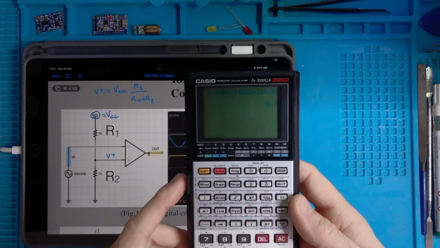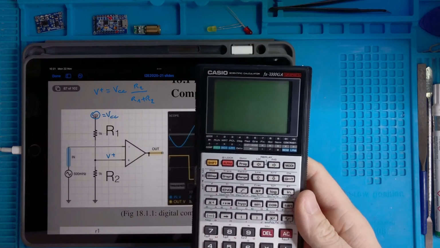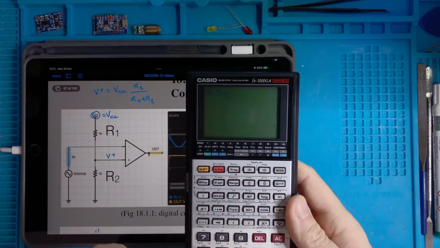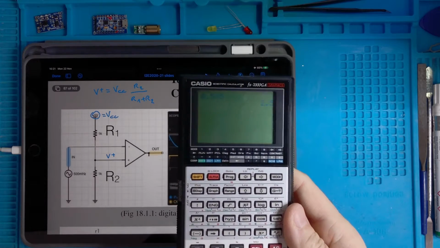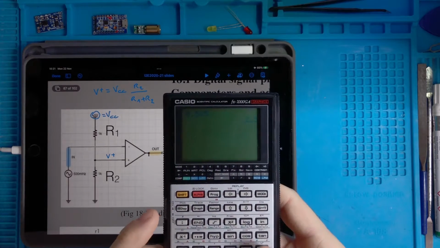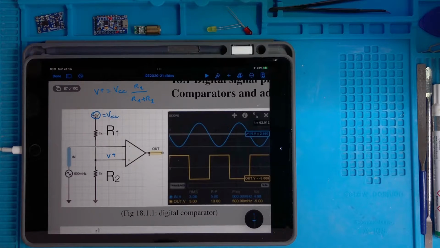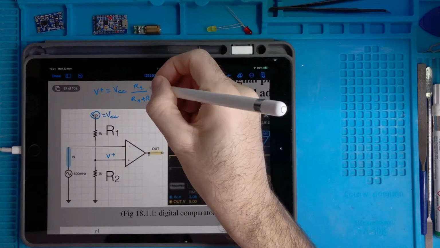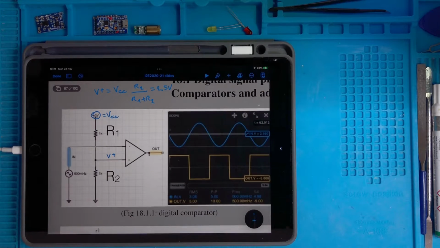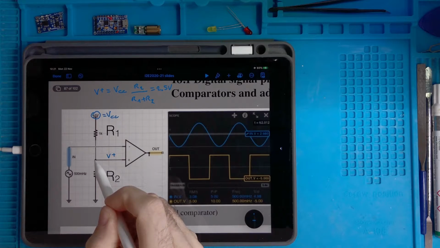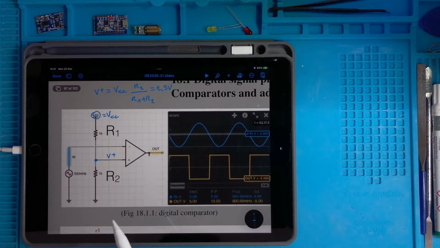VCC is 5 volts, and therefore 0.5 multiplied by 5 volts is 2.5 volts. So here V plus is 2.5 volts. This node is at 2.5 volts.